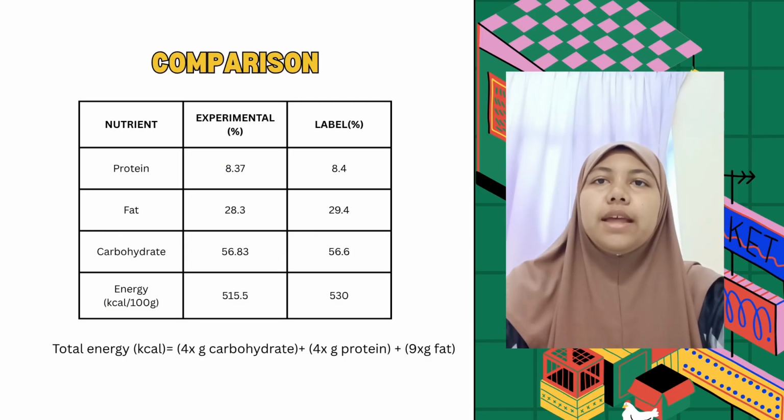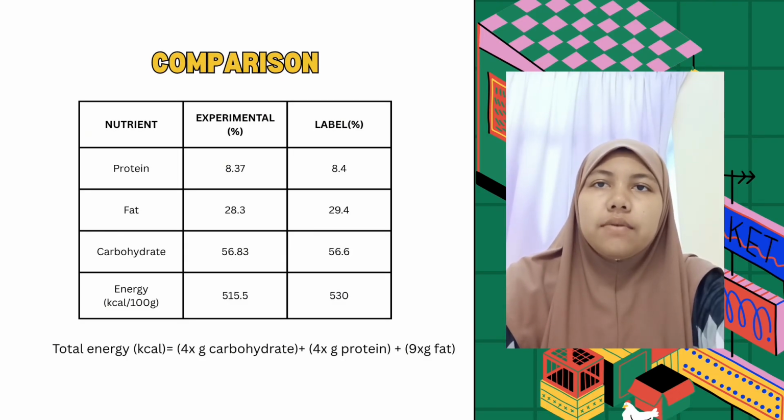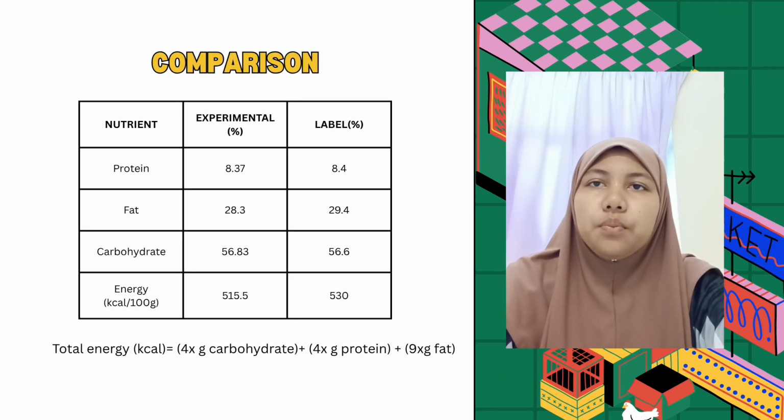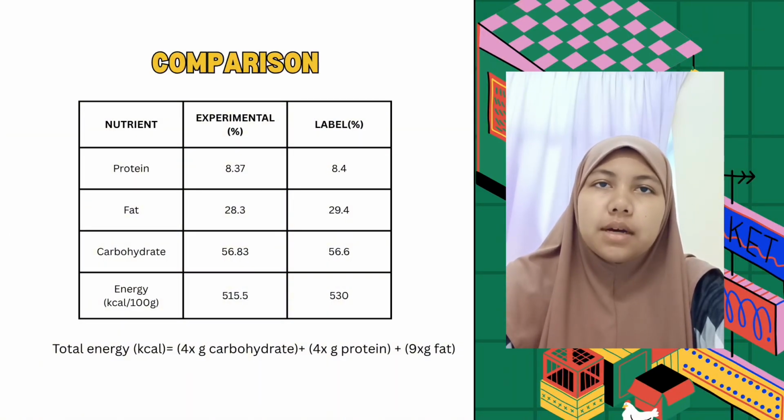Next, we have fat. The fat that we get in the laboratory is 28.3%, while the result on the packaging is 29.4%. The fat content shows a slight decrease compared to the label, which may result from variation in sample handling or natural difference in composition.